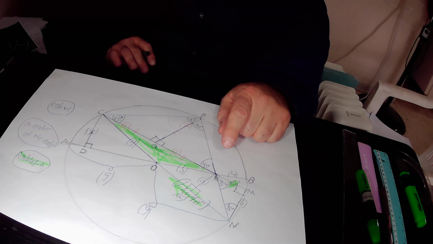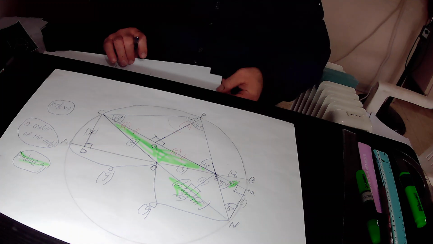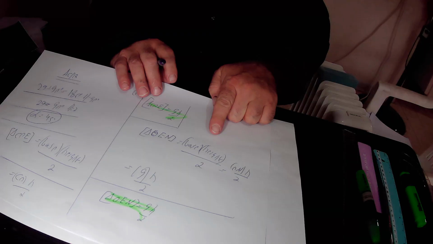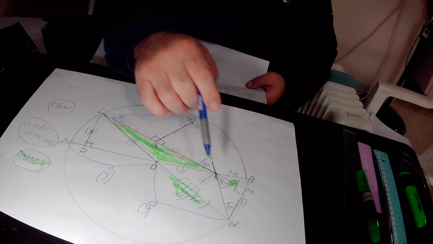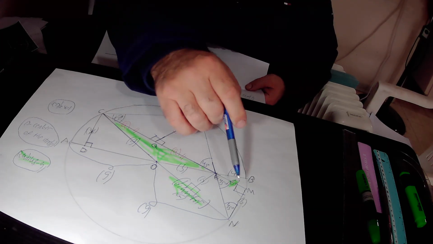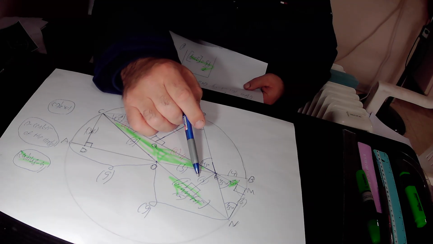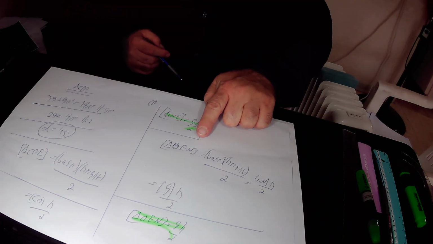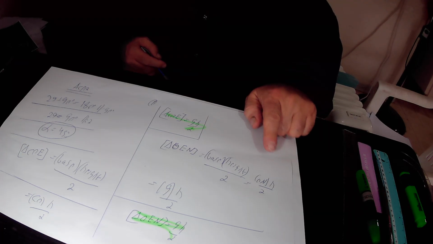Likewise, we calculated the area of this lower triangle OEN. The area of the lower triangle OEN equals the base of the triangle times the height to the base over 2. We choose the base of this lower triangle OEN as ON, and the height to the base is H because it is perpendicular to the base. So the area of the lower triangle OEN equals the base, that is ON, times the height, that is H, over 2.